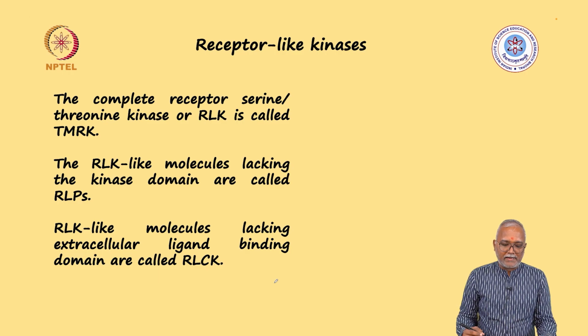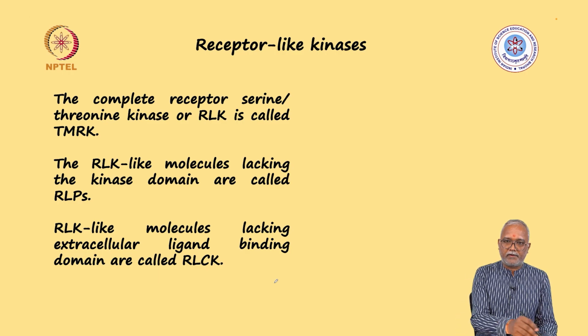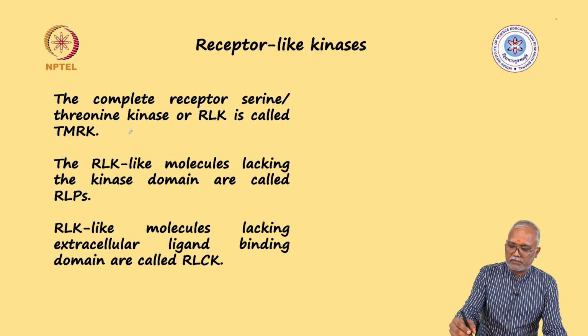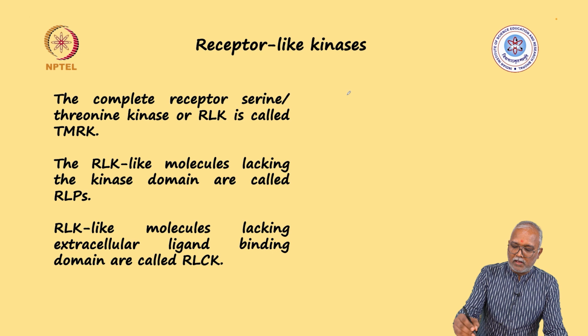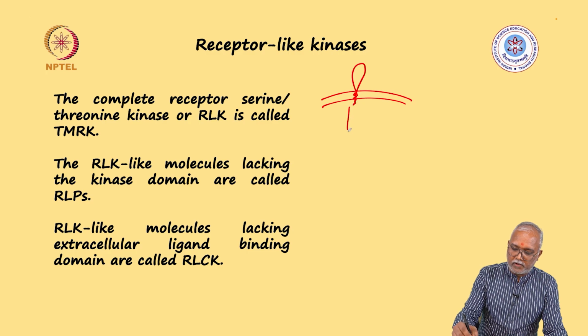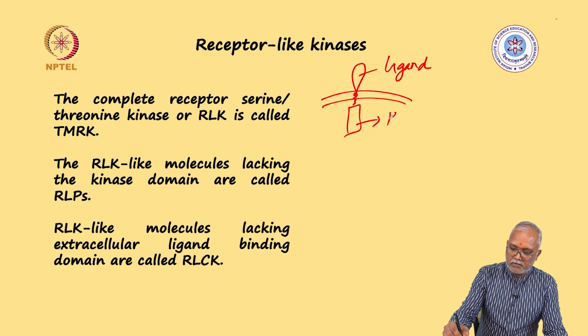Now, these receptor-like kinases, I have already told you in the previous slide, have this scenario. You can simply understand that your TMRK will have an extracellular domain, a transmembrane domain and an intracellular domain. This is the ligand binding domain and this is the kinase domain. This is the scenario of a TMRK.